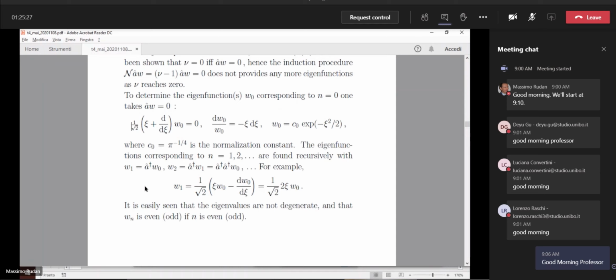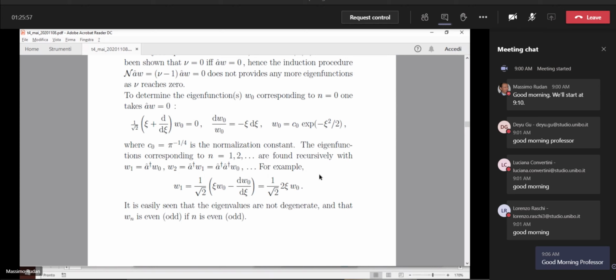For instance, W1 is 1 over the square root of 2, and then we apply psi over W0, and then we have minus derivative of W0, and by some manipulation we find that this is it. It is like having W0 multiplied by psi with some constants, okay?